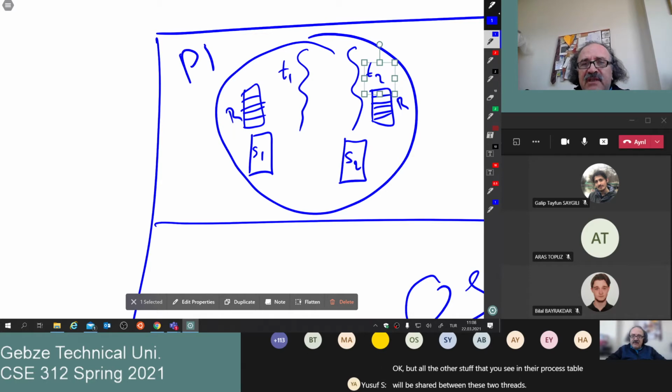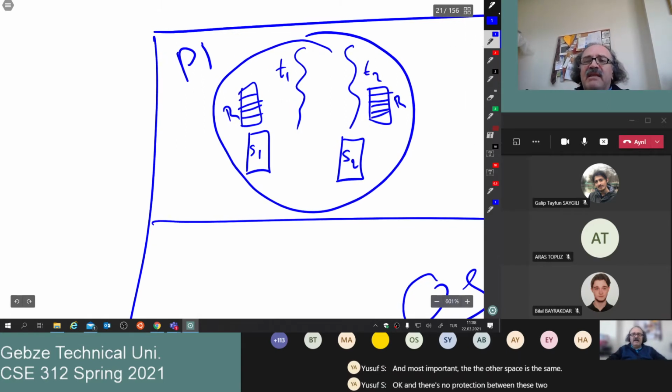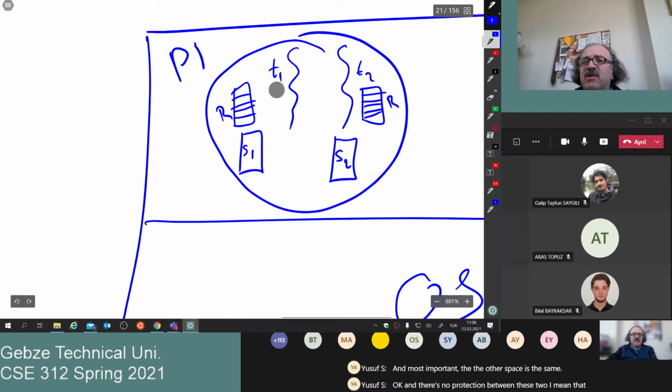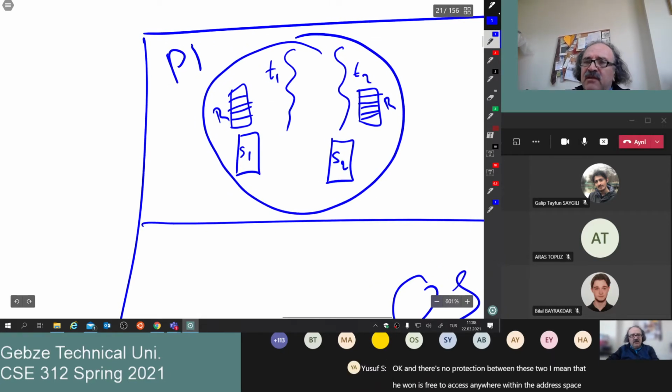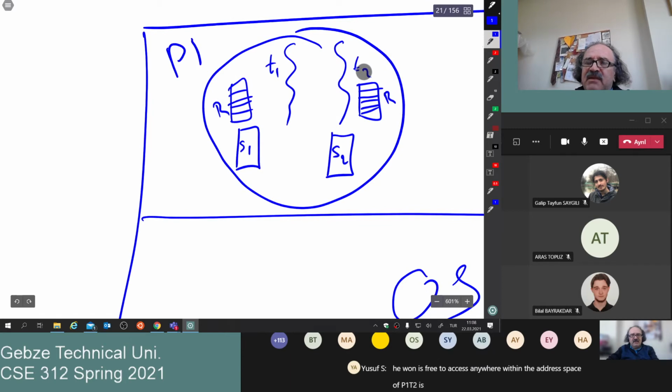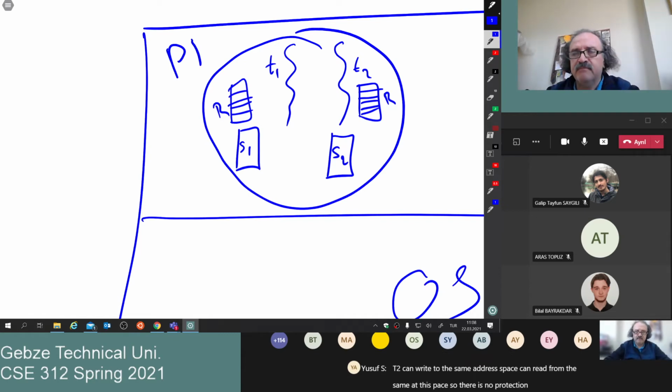And most importantly, the address space is the same. And there is no protection between these two. I mean that T1 is free to access anywhere within the address space of P1. T2 is the same, it can do the same thing too. T1 and T2 can write to the same address space, can read from the same address space. So there is no protection between them.